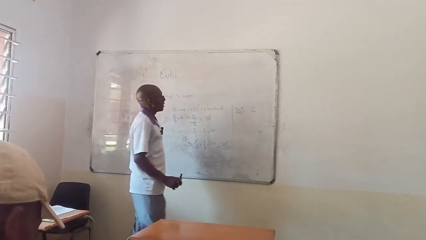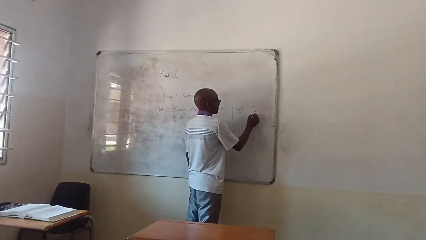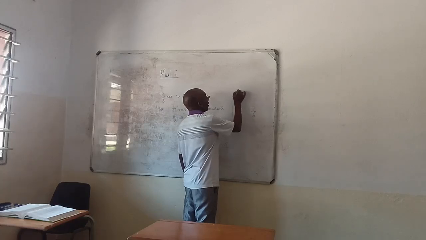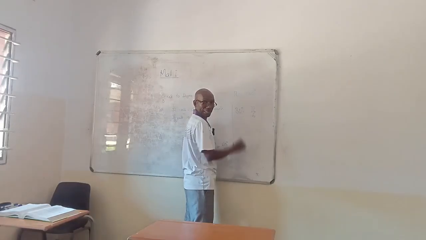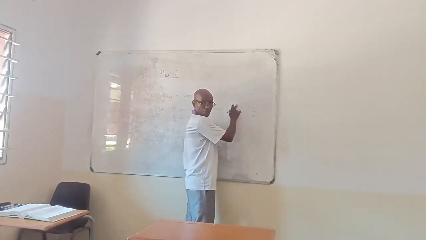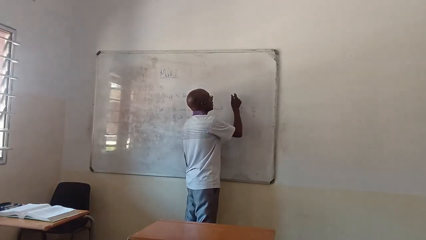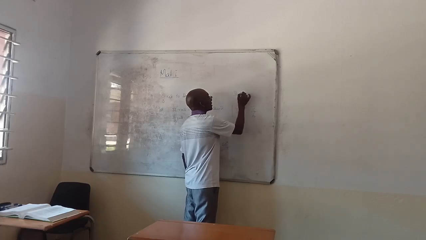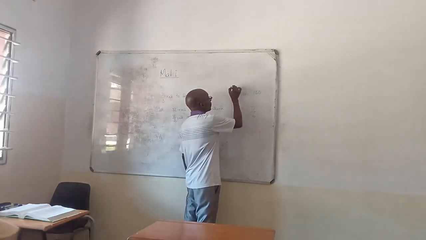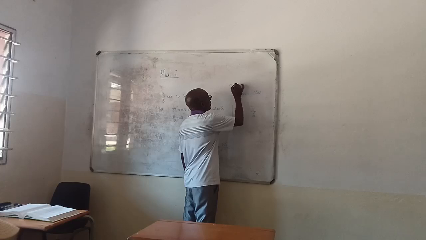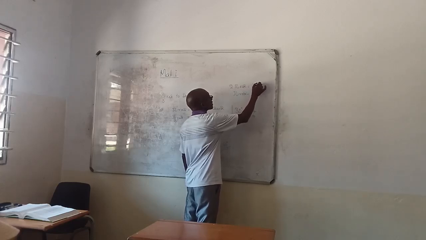Right? Pi over 6. See, pi is equal to 180 degrees, right? Pi radians is equal to 180. All right? 2 pi radians is equal to 360.